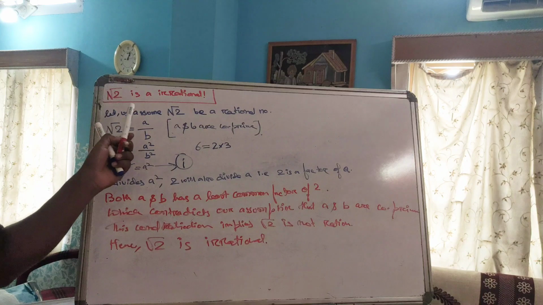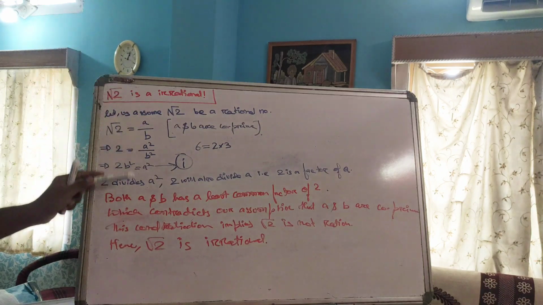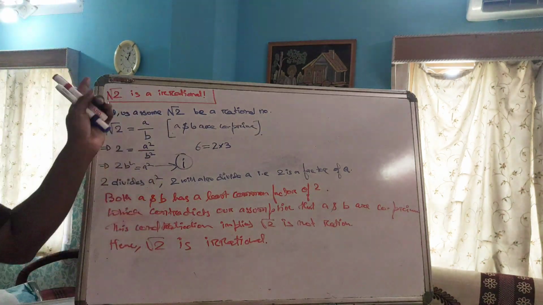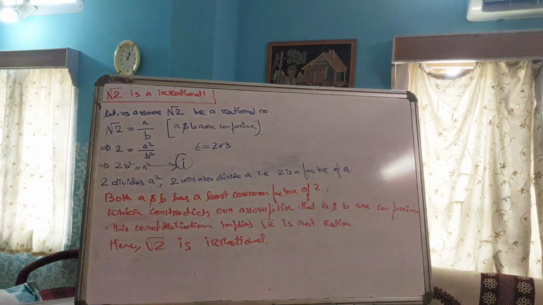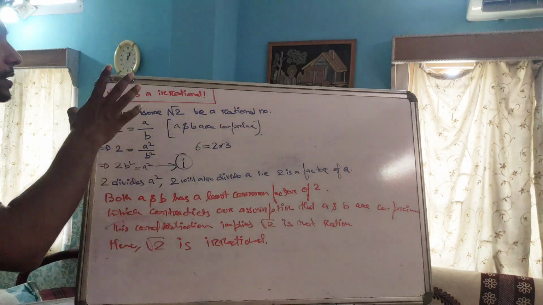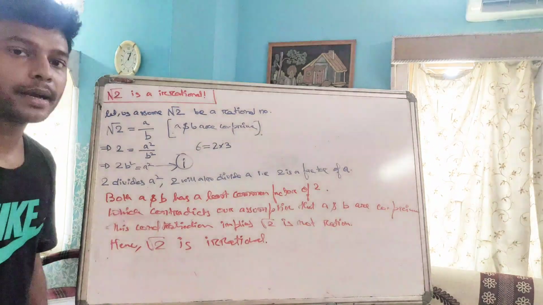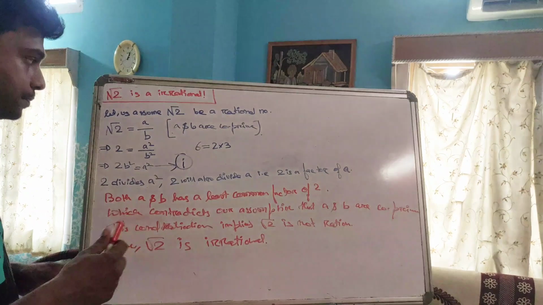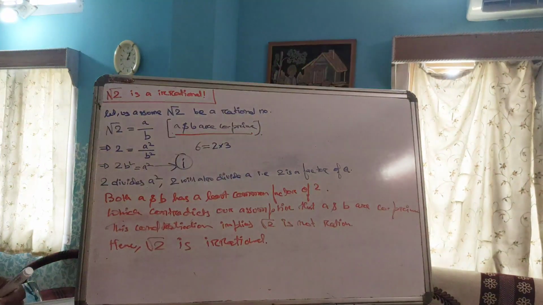In the same manner, you can prove any irrational number by the same setup. We have to assume the opposite. So in order to prove any number to be irrational, first we will assume the opposite, that it is a rational number. Then if it is a rational number, we must be able to represent that number as a ratio of two integers. And this very portion is one of the most important parts of our proof.